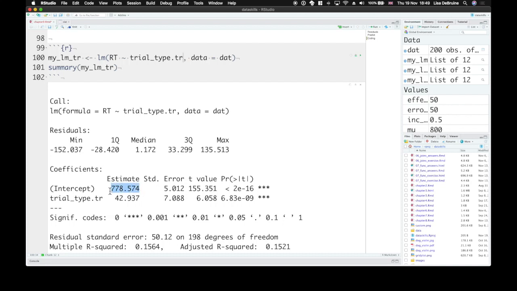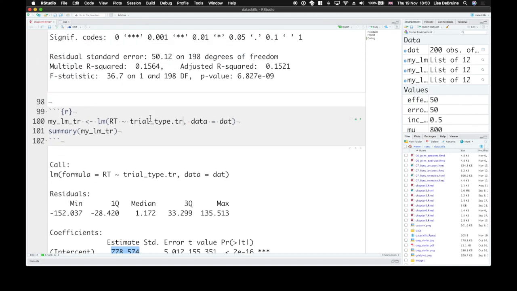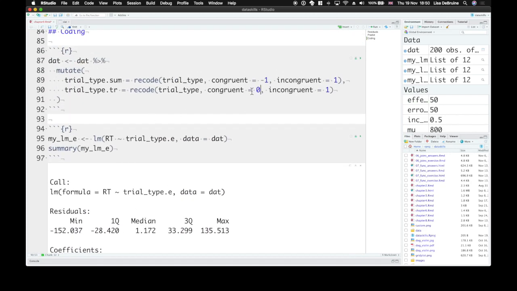That was our predicted value for our baseline type. So this will be for congruent trials. And then our estimate is the same. So incongruent trials are 42.9 milliseconds slower, or added on to our intercept, which now, instead of representing the mean for all trials, it represents the mean for the baseline or 0 coded category.